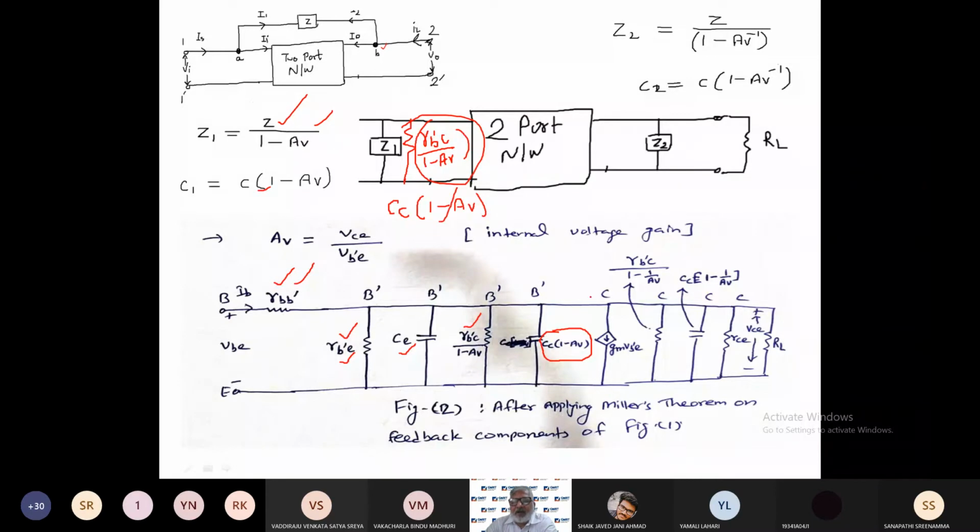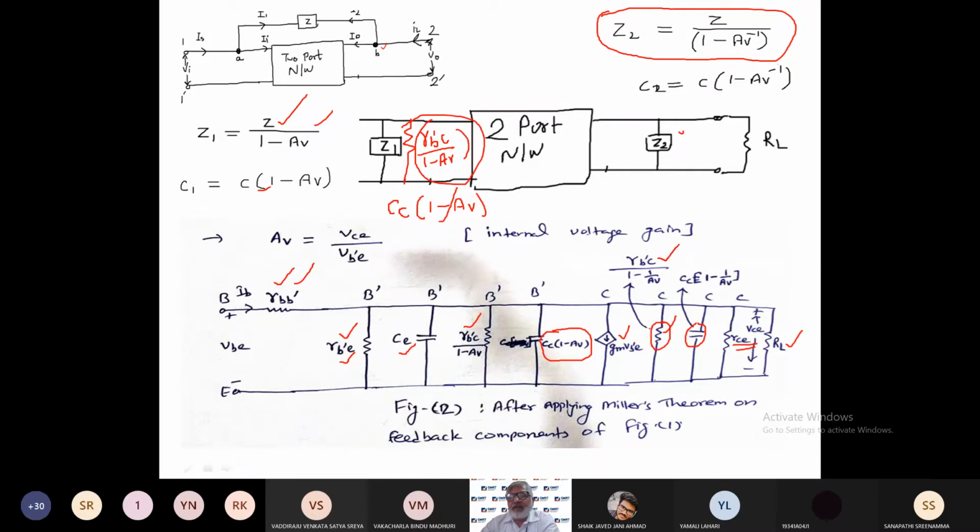In output side, this current source is already there, right? gm VB'E. Now this RL is already there. This RCE is already there. Now we have added only one resistance and one capacitance by using Miller's theorem. So what is the formula? If we are having resistance, then we will use this formula, right? So what value we have written for this resistance?